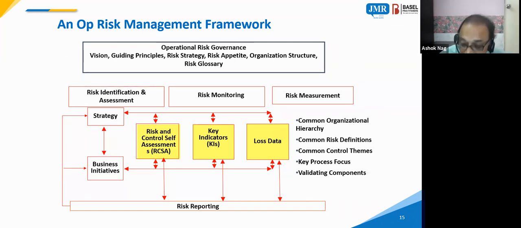If I can go wrong, what should my control process be? If there is a control, what should my assessment be? Who is the control owner? All these are part of the RCSA process. It is extremely important for the operational risk management framework, and the bank has to look into this very carefully.